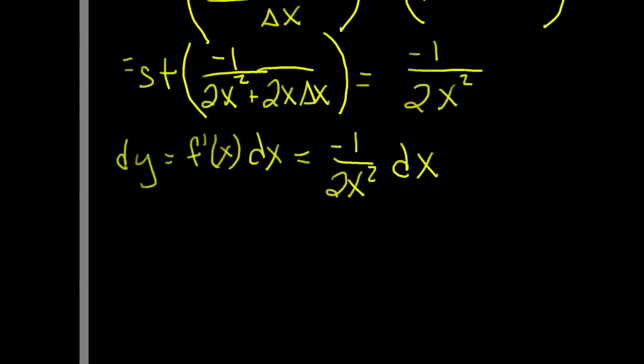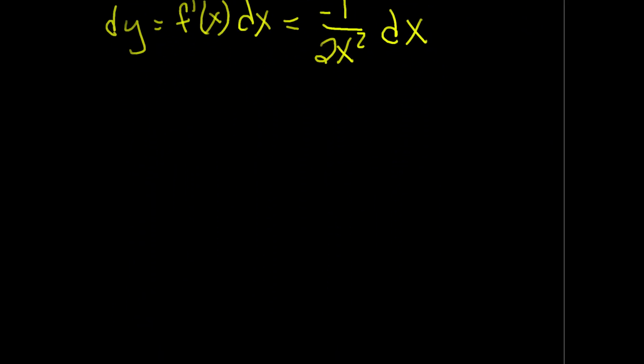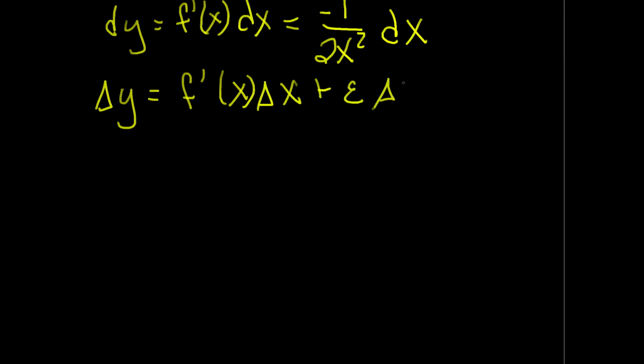And so by the increment theorem, it says that delta y should be equal to f prime of x delta x plus some epsilon times delta x. Replacing this, we know that delta y is equal to negative 2 delta x divided by 4x squared plus 4x delta x.